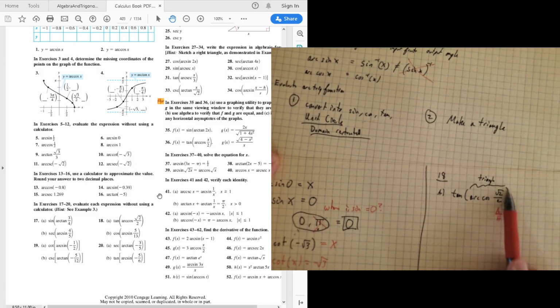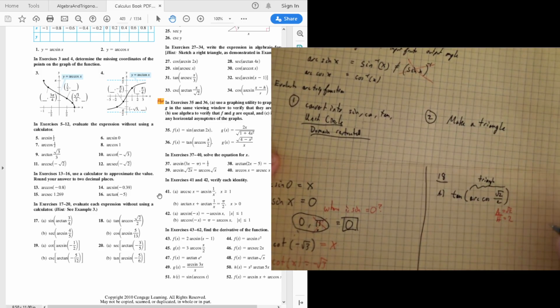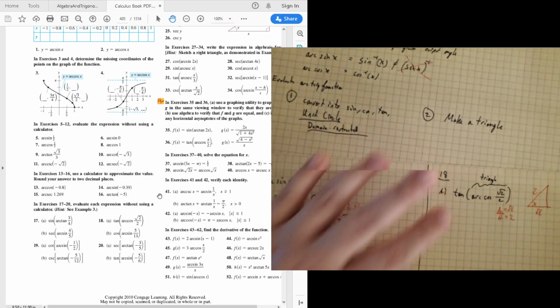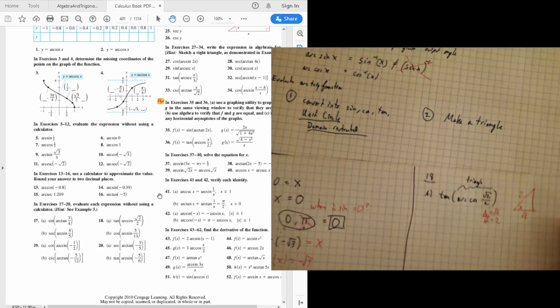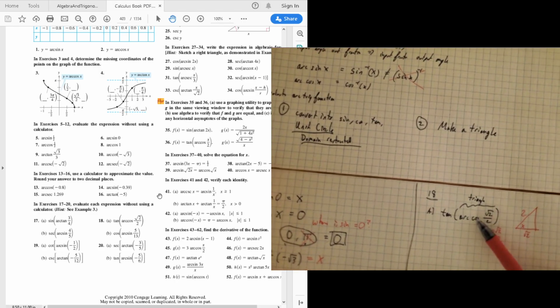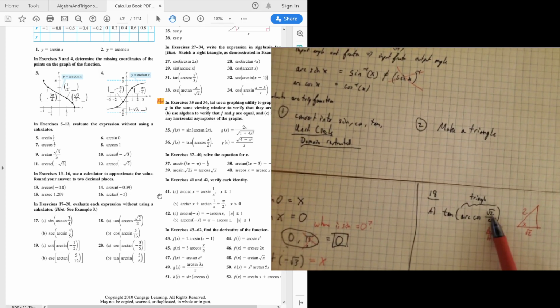So this tells me I would have a triangle with an angle, which I'm going to call x, whose adjacent is the square root of 2 and whose hypotenuse is 2. This is one of the tricks you can do: you can make a triangle. Just make sure it matches what you've been given. If square root of 2 over 2 is inside of a cosine function, that means we have an adjacent and hypotenuse.